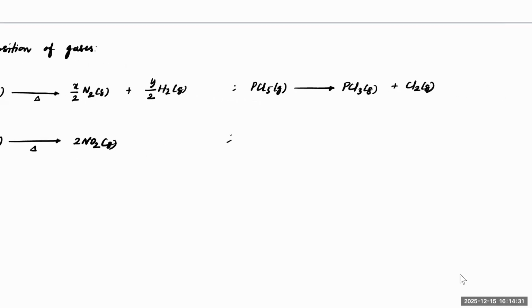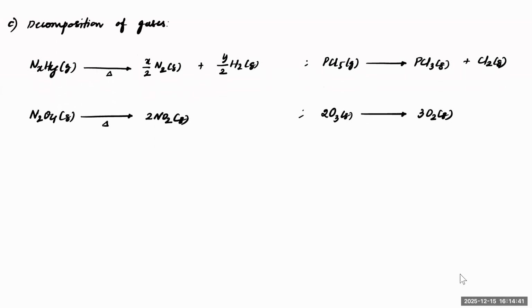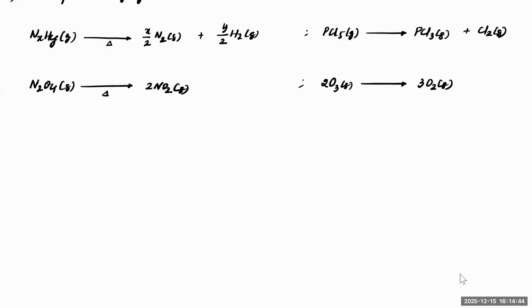Okay. Next, if you have any O3 gas, it will decompose to convert into O2 gas immediately. So if I take 2 here, it should become 3 here. Another gas which you might be commonly asked about is SO3 gas, that on heating will convert into SO2 gas and half of O2 gas.